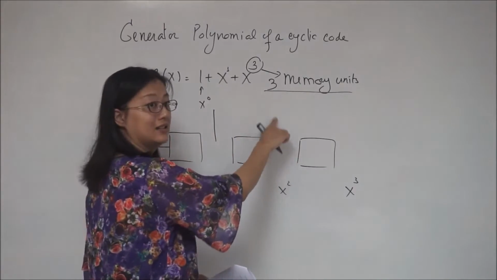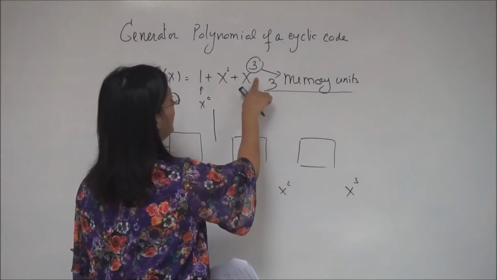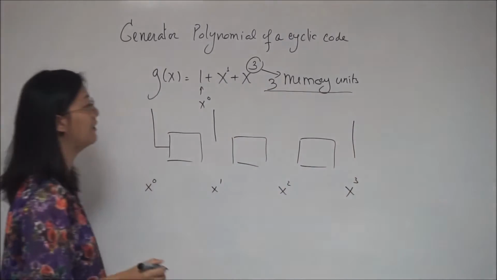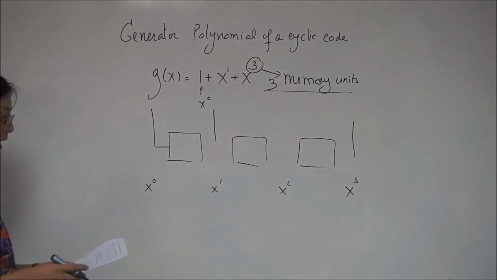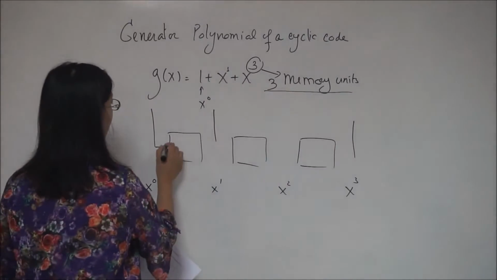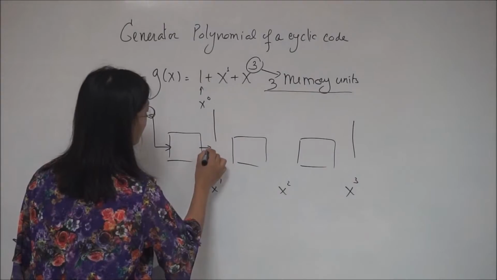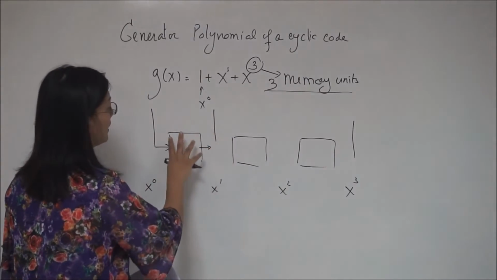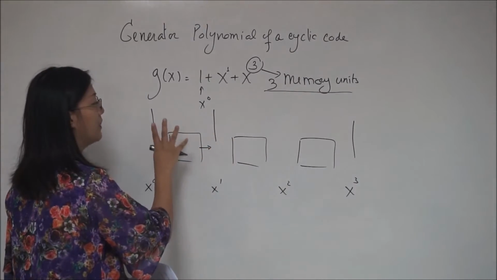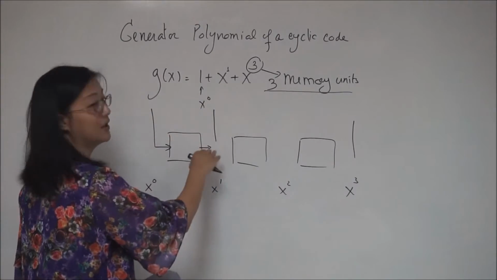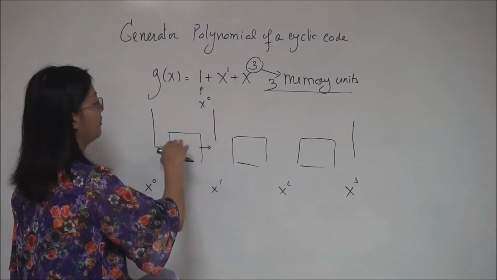This one you have an XOR here, and this one also has an XOR here. This one, again, has the data coming in, so you must have an arrow coming in here. This is data. So you have an arrow coming out.